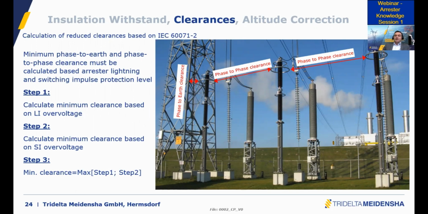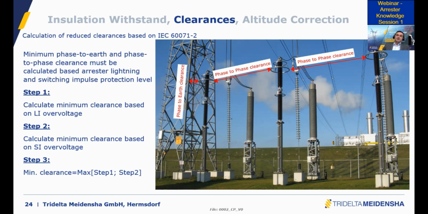Sometimes you have a difference between the BIL of the windings of the transformer and the BIL of the bushings. But basically, I would say that there is no serious consideration of the arrestor protection level when it comes to the final design of the bushing.